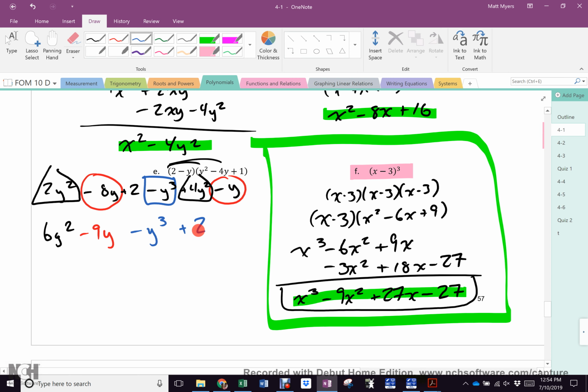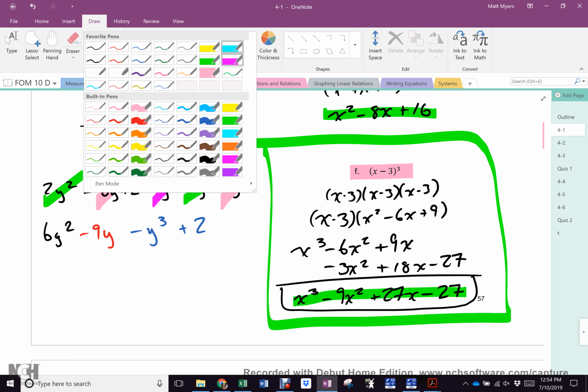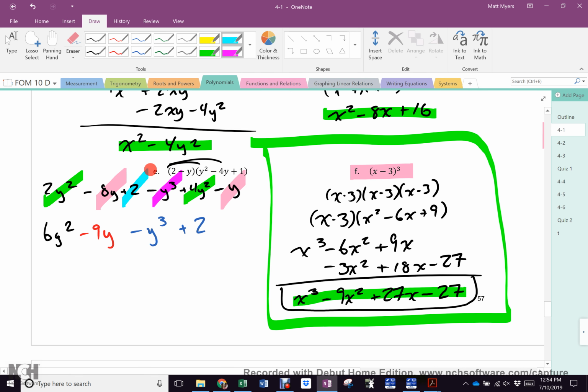Do I care? No. You like collecting like terms that way? Collect them that way. Some of you like to have pencil crayons or highlighters with you and do this. Y squared, 8y, y cubed, and 2. And you collect your like terms that way. I don't care. I'm not teaching you to collect like terms because you're already supposed to have brought that to grade 10.